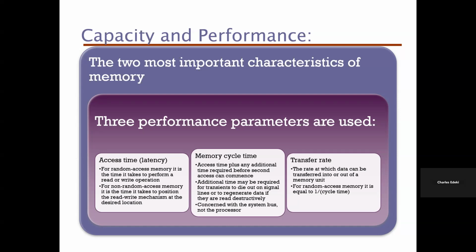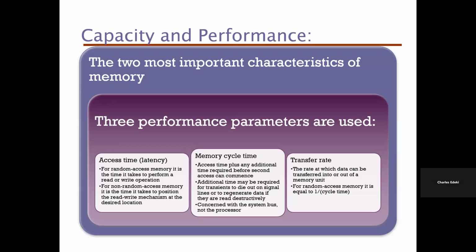One thing also, as we said earlier with sequential access, the memory is organized into units of data, in this case called records. And access must be in what? In a specific linear order or linear sequence, let's say.